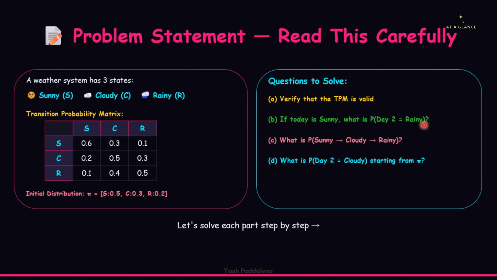So we need to find the probability of this particular transition. Next, we have to find the probability of this particular sequence: sunny to cloudy and then cloudy to rainy. In the fourth problem, we have to find the probability of day 2 being cloudy starting from the initial distribution pi. So let's have a look at the step-by-step solution of every problem.